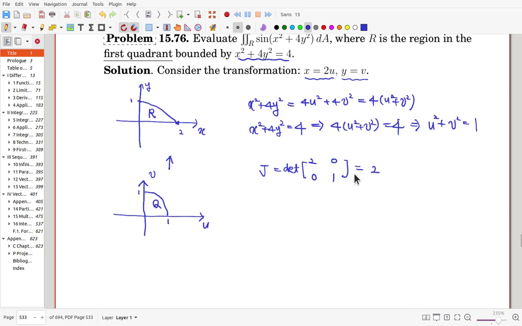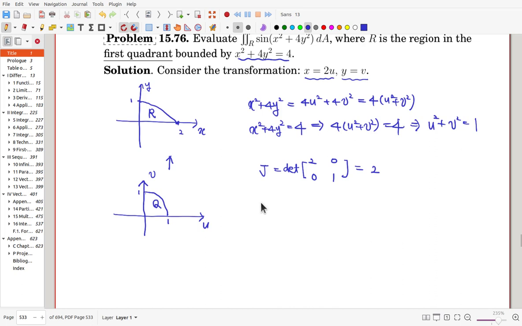Okay, the Jacobian is 2. Remember, for this transformation, the Jacobian is the areal scaling factor. You can easily see that. If you compare the area of Q and R, then R looks expanded by a factor of 2 in only the x direction, so the area of R is twice the area of Q. That's the reason we have this Jacobian.